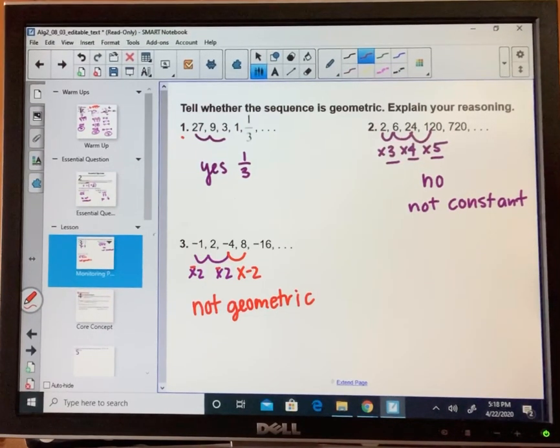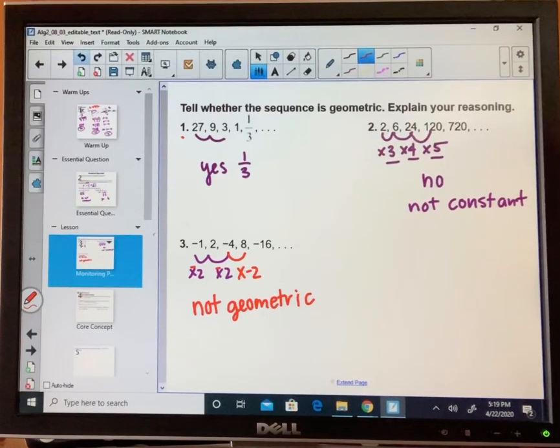If I graph a geometric sequence, what it looks like is an exponential function. So if I graphed this, it would be 27, then 9, then 3, then 1, and then 1/3. And it looks like that exponential function that we talked about back when we were in the function section.